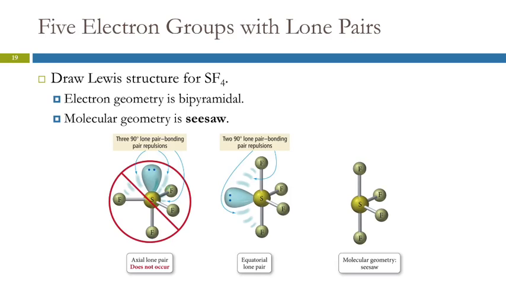Okay, what about 5 electron groups? So let's look at sulfur tetrafluoride. So we do the Lewis structure, and it's sulfur, and we've got fluorines.